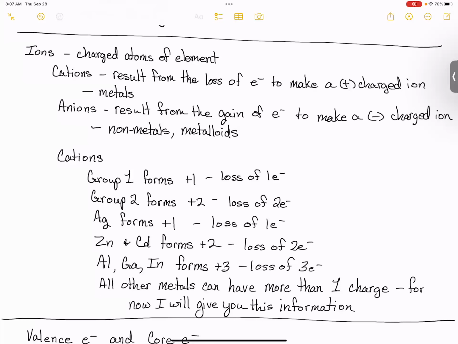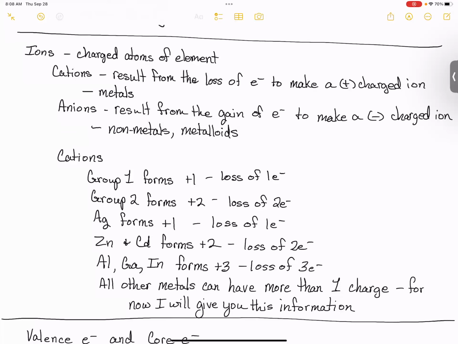Now, all other metals that I have not described here, all other metals can form more than one charge. So at this point in time, I'm going to have to tell you what that charge is. When we start getting into ionic compounds, I'm going to teach you how to determine the charge given the formula.